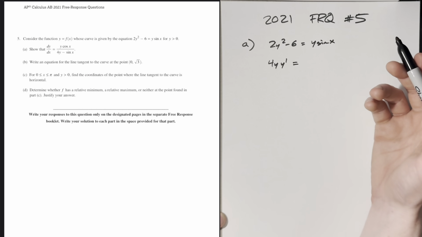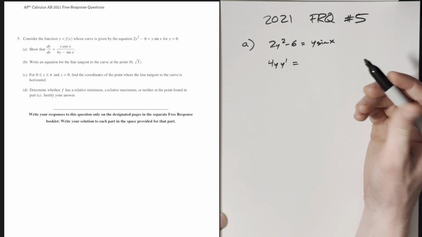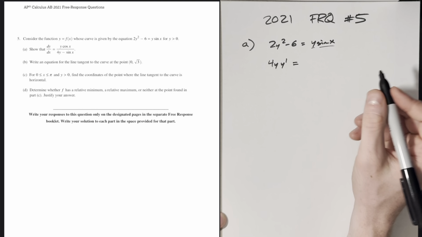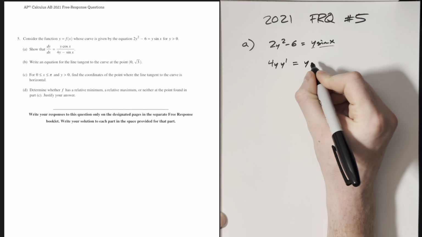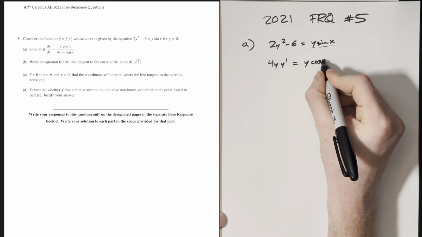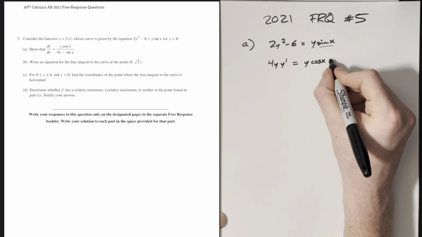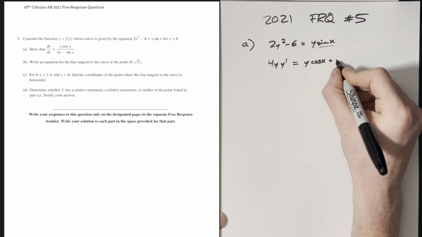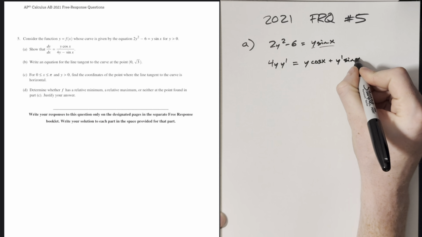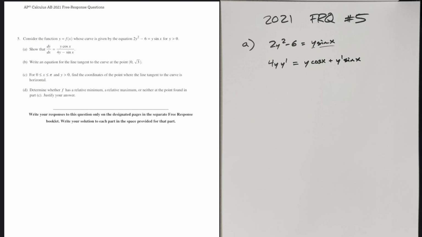Now y sine x, I'm going to have to use product rule, because this is a function times a function. So I'll do the first term times the derivative of the second term, just the cosine of x, plus the derivative of the first term, which is y prime, times the second term, which is sine x.